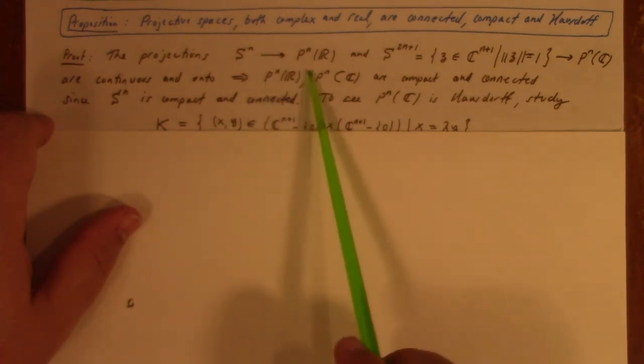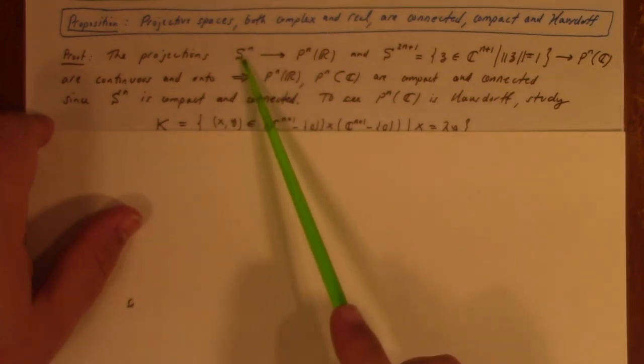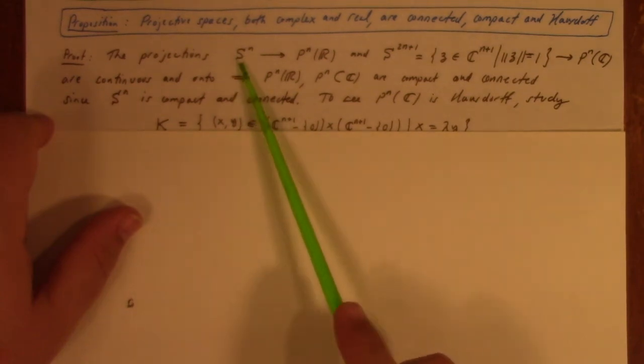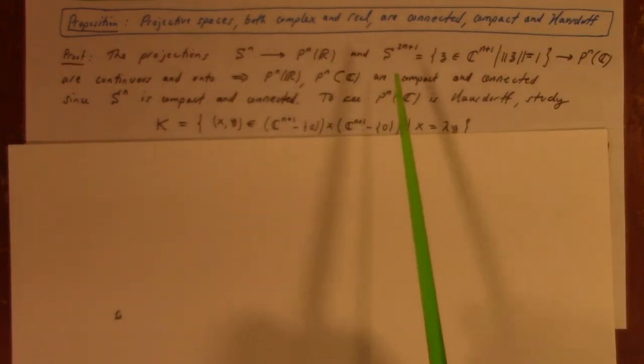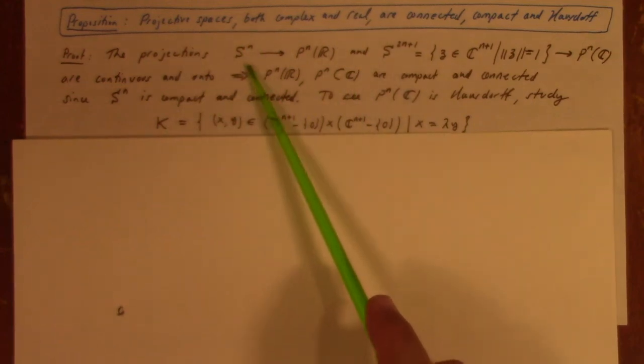I kind of think of these as a restriction of Rn+1 or R2n+2, those spaces can be restricted to these spheres, and in so doing you still have 2 representatives for each of the equivalence classes in the projective n space.